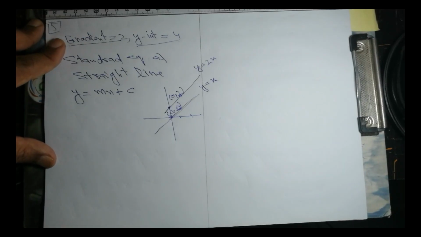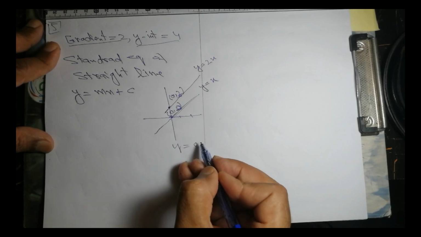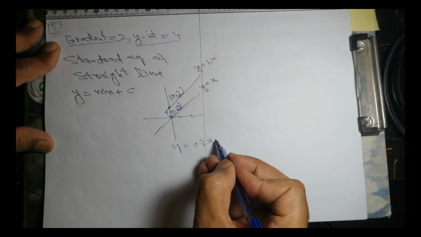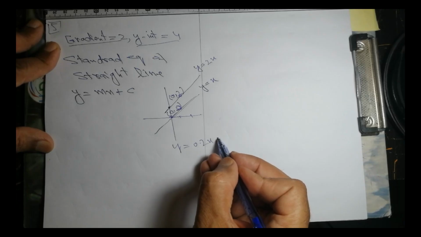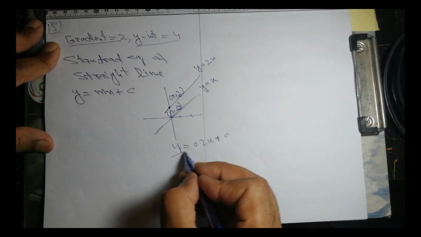So any line, if you see, for example, we saw a question here without a constant term. For example, previously we saw a question y equal to 0.2x. Here there was no y-intercept, or 0 y-intercept. If no intercept, it means 0. So only this was given.